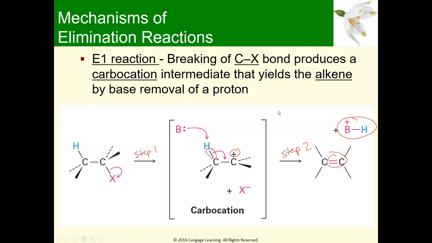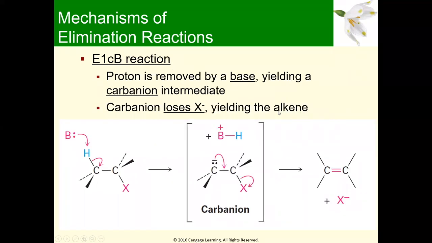Okay. All right. So kind of similar to the E1 mechanism is what we call the E1CB reaction. It's similar in that it happens in 2 steps. And it's similar in that you produce an intermediate that's an ion, but this time it's a negative ion. It's a carbanion, okay? Because the first thing that happens is a base that's in the neighborhood, this B with the 2 dots there representing a lone pair of electrons, it's looking for a hydrogen.